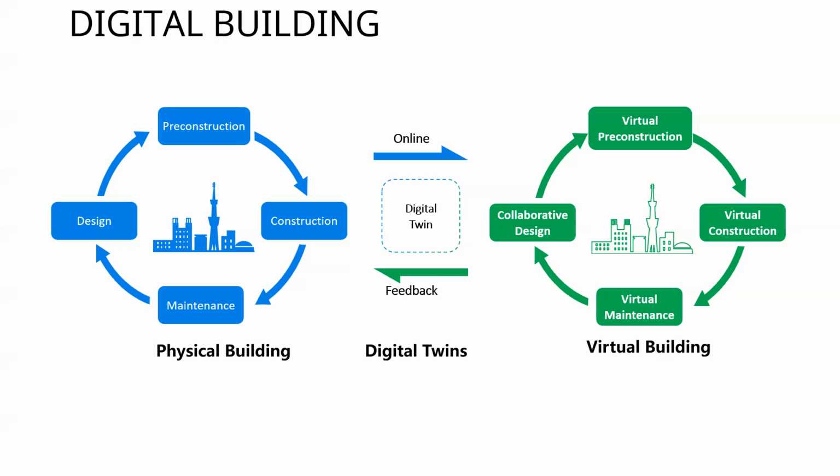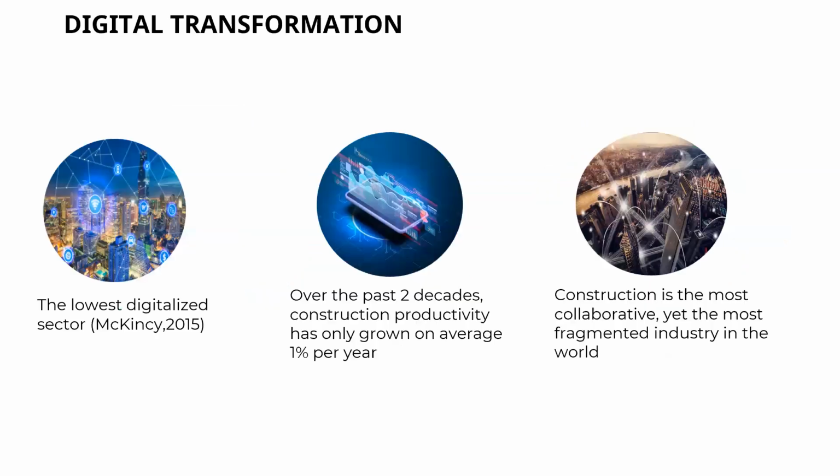Then we will do virtual construction, and virtual maintenance also we can do by using 4D BIM technology. After doing all these things virtually, we can feed that data to our physical building in order to increase the efficiency of its work process. That is the relationship between the physical building and the virtual building.